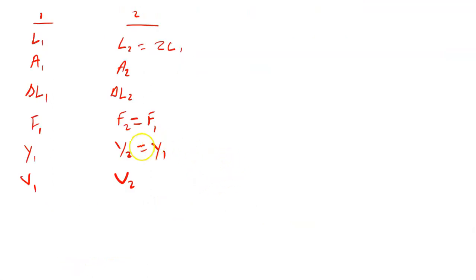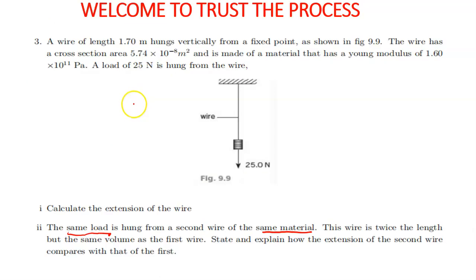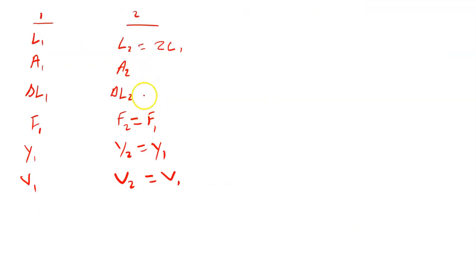So this wire has the same volume as the first, as we can see from that statement there. Now, how do you compare the extension? So we are looking for the extension of the second wire. How do you compare the extension of the second wire to that of the first wire?